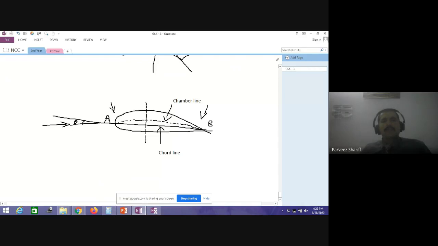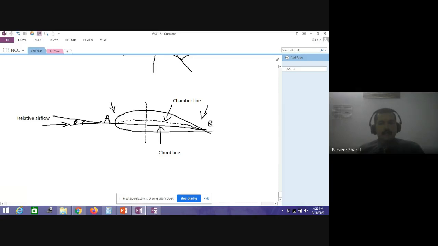This angle is called the angle of attack, the angle formed with the relative airflow. This air which is coming in the opposite direction, we call it relative airflow. Some cadet gave the answer relative airflow. That is correct, but the angle formed between the relative airflow and the chord line should be the correct answer.